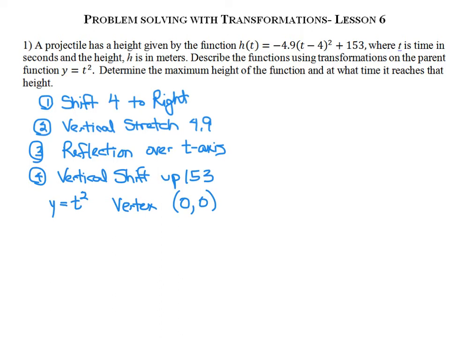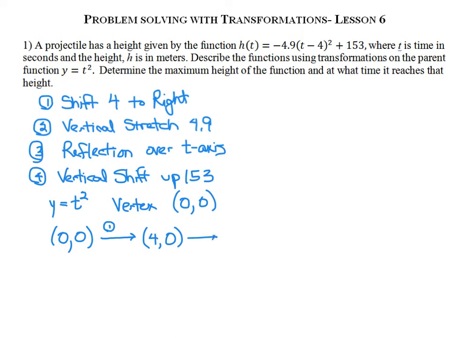So I want to take that vertex 0, 0, and I want to apply all of these transformations. So I'm just going to label them by which number transformation I'm doing. So when I take 0, 0 and I do transformation number 1, I'm going to shift it to the right by 4. So that changes my first variable to 4. I'm adding 4 to the first variable. So I get the new vertex 4, 0.